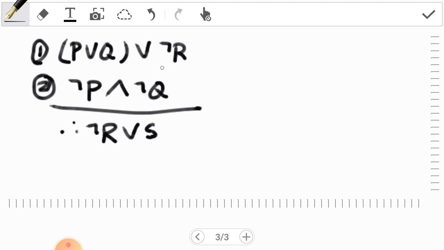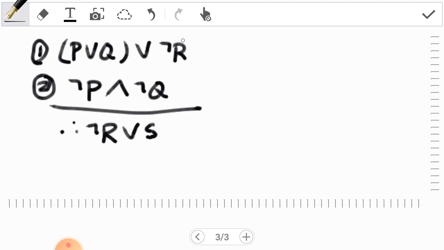Well, that's right. S is not found in our premises, but like what we have done in the previous example, isn't it that if we are given an OR, we can obtain this by having a proposition, let's say not R, and then just adding a proposition, in this case, adding proposition S. Therefore, if you will try to analyze this problem, what we desire to come up with is we need to get not R from the two premises and then simply add S to get the final conclusion.